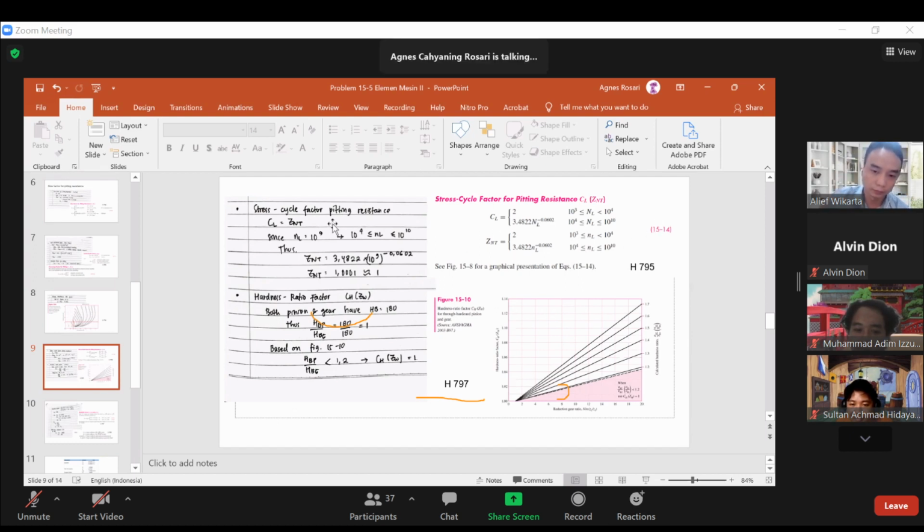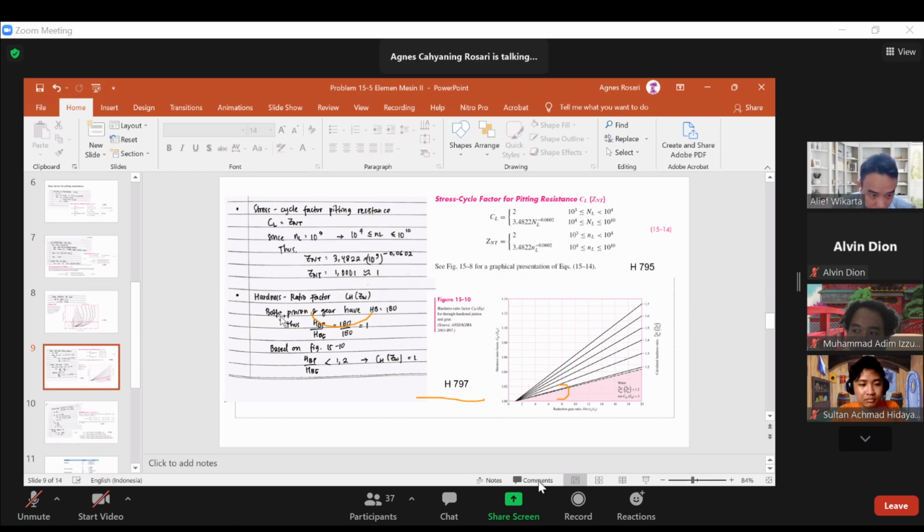So we calculate the stress cycle factor using these equations, and we got the stress cycle factor for pitting resistance, or ZNP, equals 1.0001. You can say it's 1.